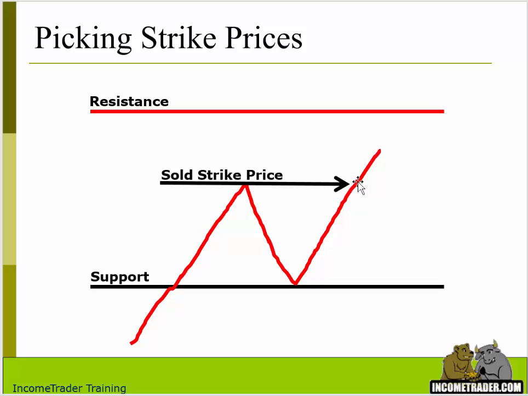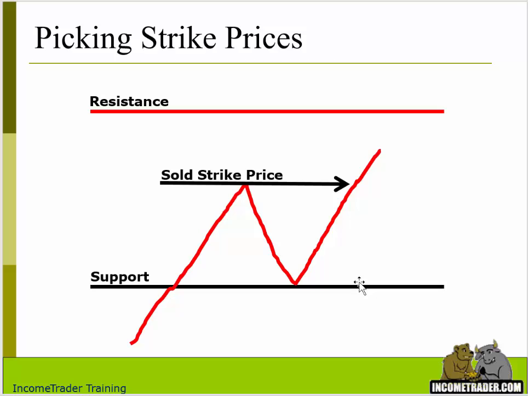If we were to sell this particular strike price, we know that the stock could move a little bit to support, and as long as the premium that we receive is more than the difference between here and support, we will still make money. But you want to make sure, ideally, you can either sell it at support if you're conservative, or you can say, I would like to sell it slightly above the support area, sell my strike price right through here.